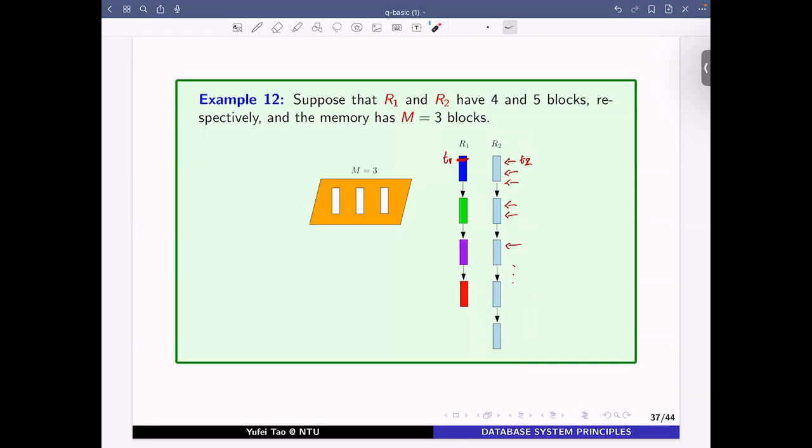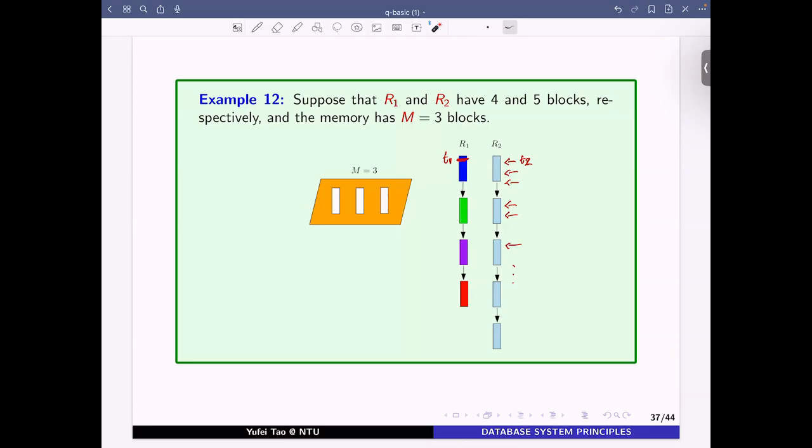So this is not a good idea. But as you will see, we can do the processing for multiple tuples from R1 together. Let me repeat. We can do the processing by combining multiple tuples from R1. We can have a sort of batch processing.